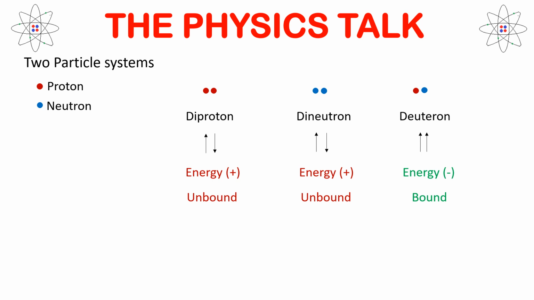This explains why deuteron exists in nature while diproton and dineutron do not exist. In this way, by closely examining the two nucleon systems, we have established that nuclear force depends on the spins of the particles. We have also seen how this dependence on spin is responsible for the non-existence of diproton and dineutron in nature.